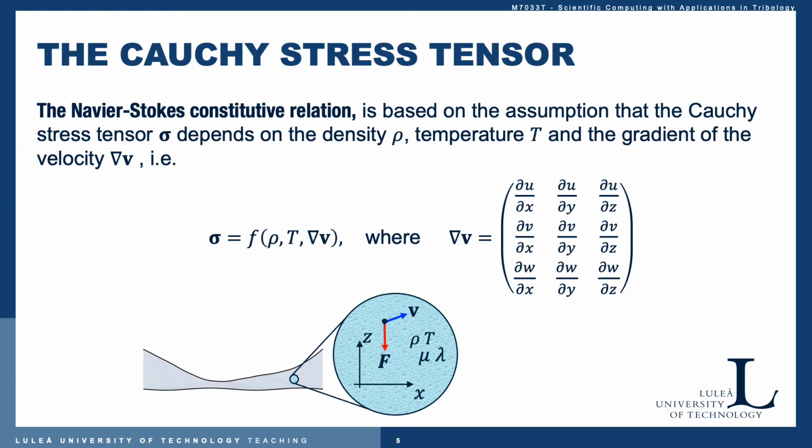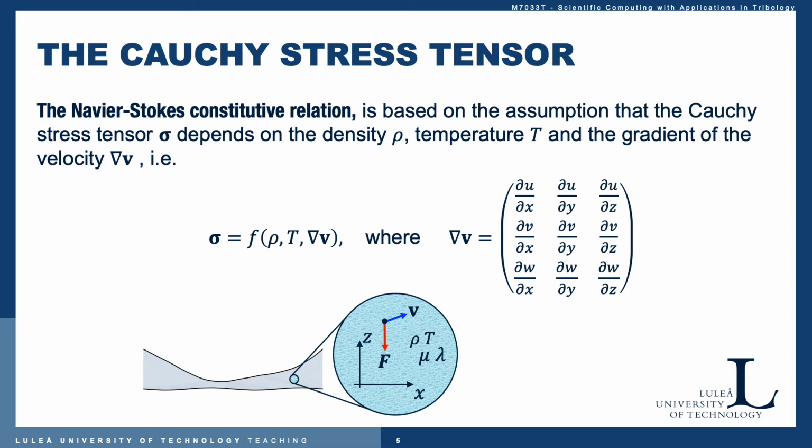So let's start, and we start by introducing you to the Cauchy stress tensor, because the Navier-Stokes constitutive relation is really based on the assumption that this Cauchy stress tensor sigma is a function of rho, the density, T, the temperature, and the gradient of the velocity.